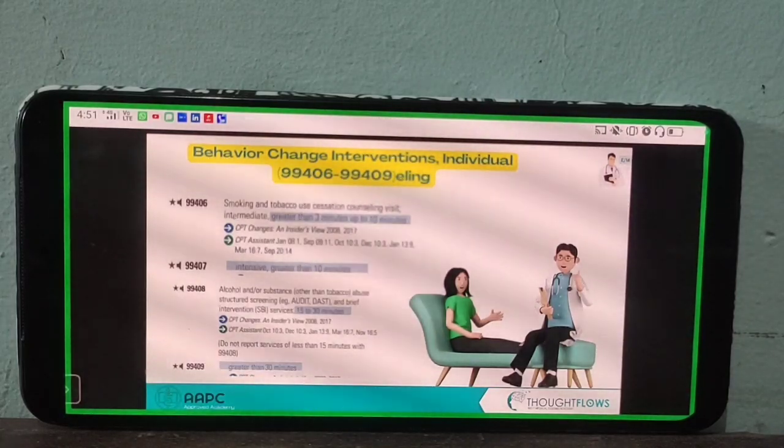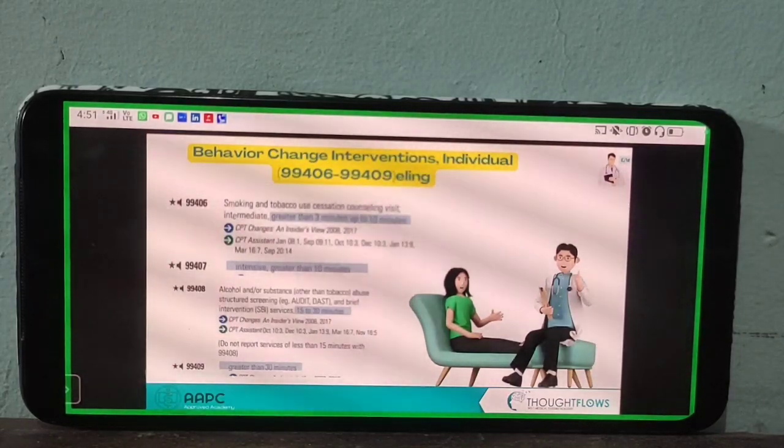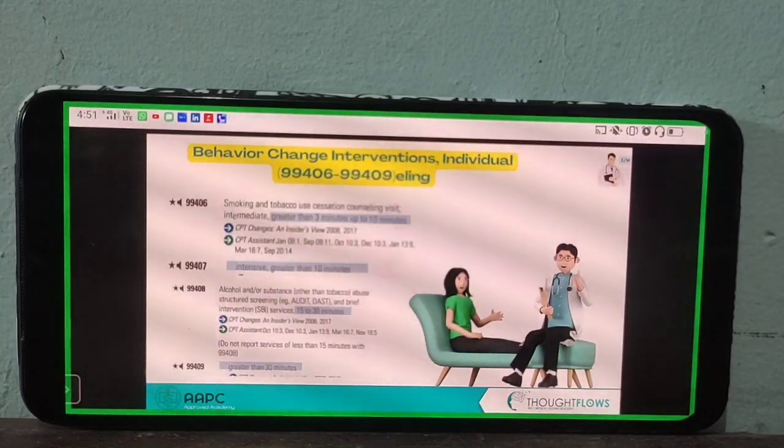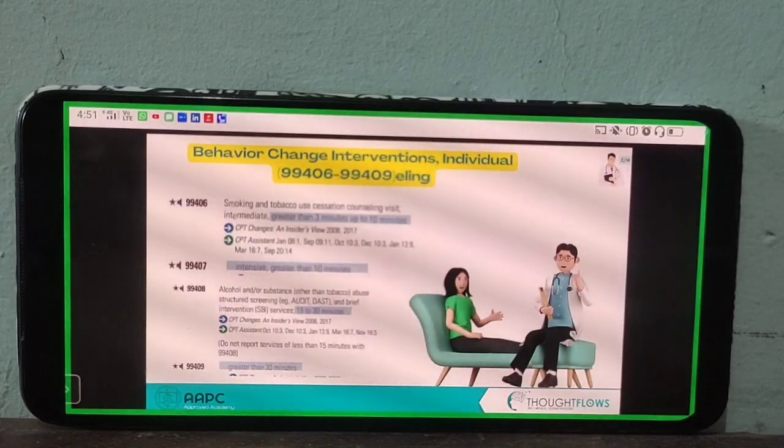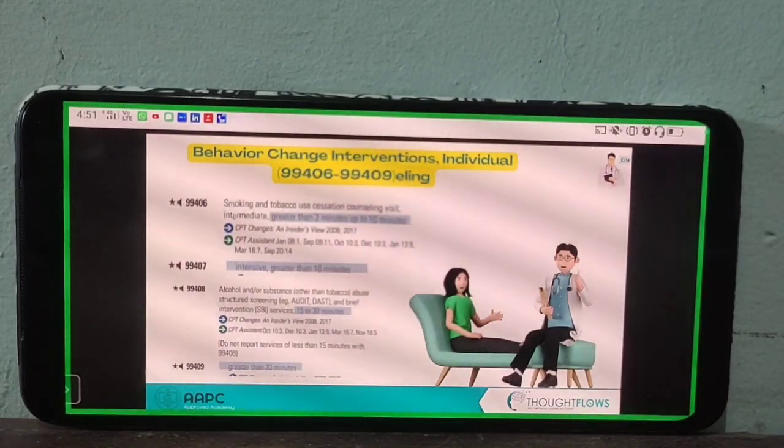Up to 3 minutes, we can't apply the code. From 4 minutes to 10 minutes, 99406. More than 10 minutes, 99407. These code sections are for smoking and tobacco counseling. And 99408, 99409 for alcohol.